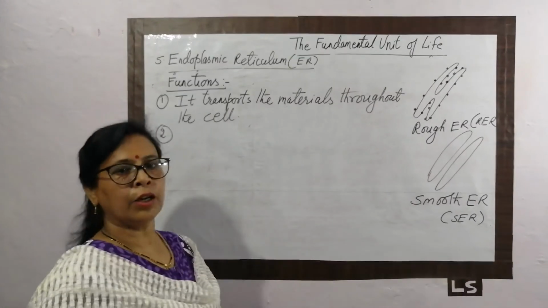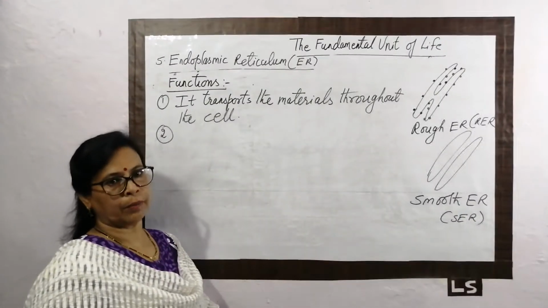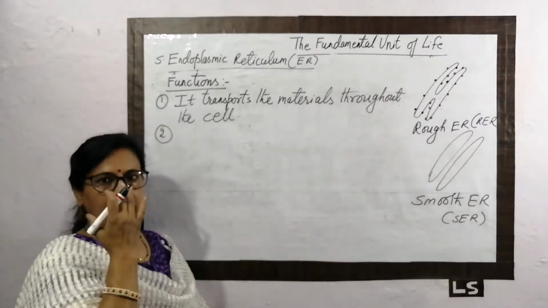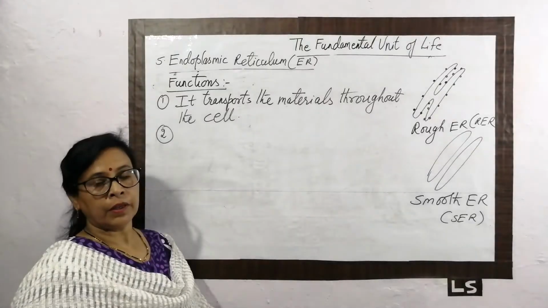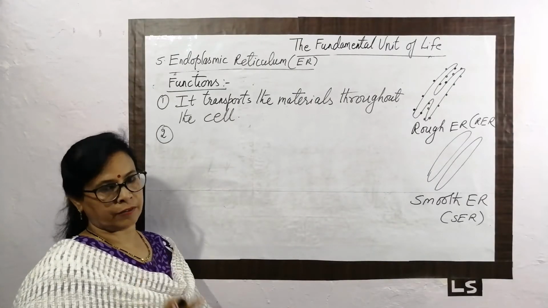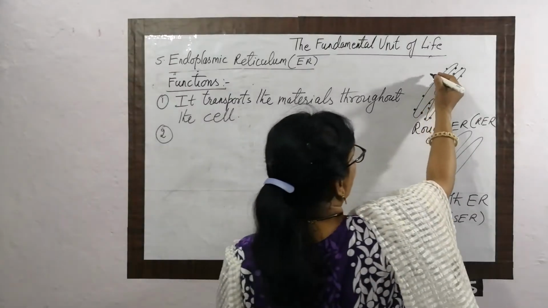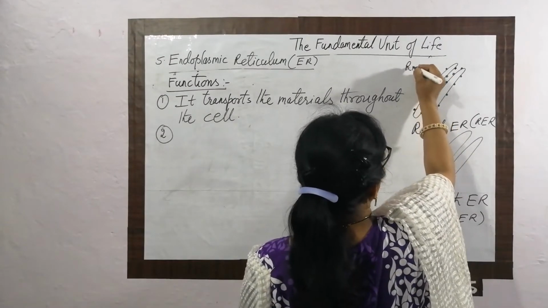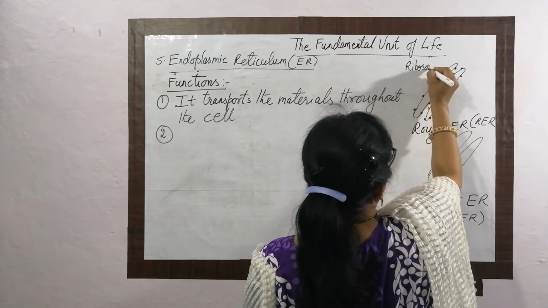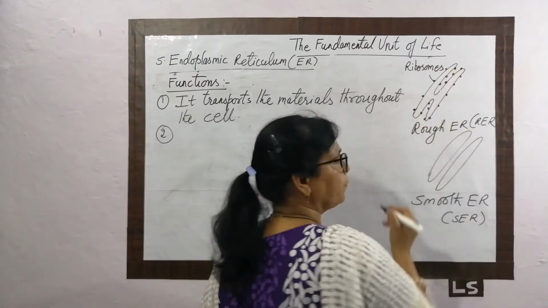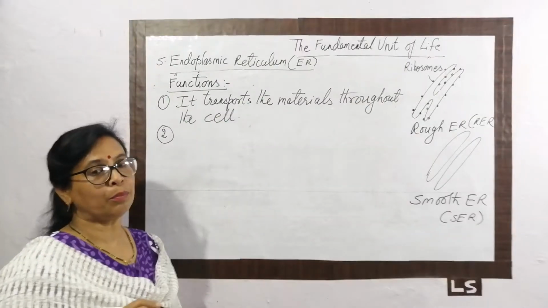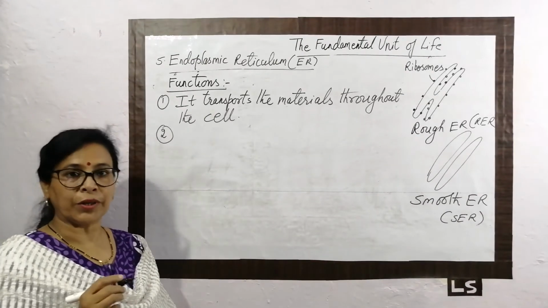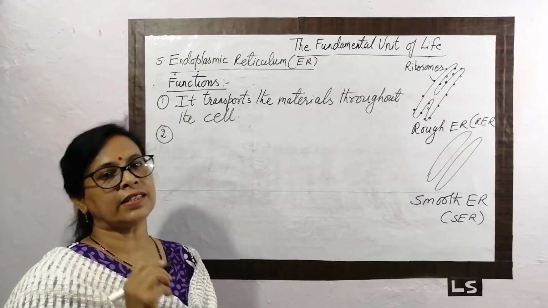As we know that there are two types of endoplasmic reticulum, rough endoplasmic reticulum and smooth endoplasmic reticulum. Rough endoplasmic reticulum is rough because the small granules of ribosome are present on it. And ribosome is the protein factory of the cell. Protein factory means it synthesizes the protein.